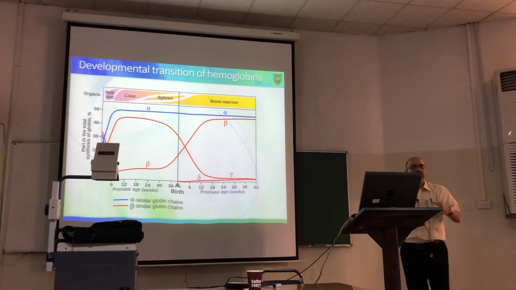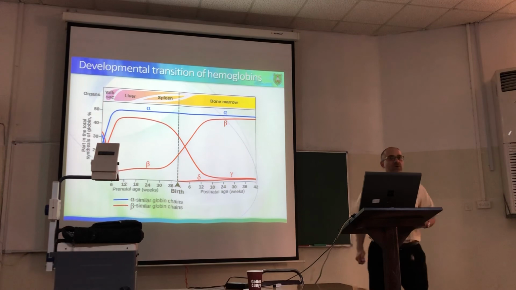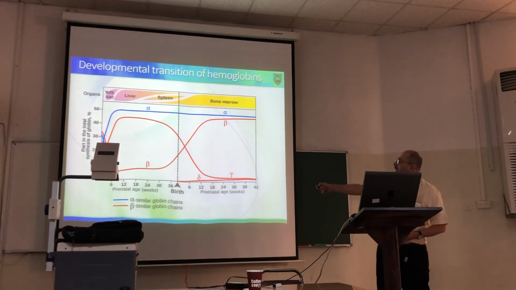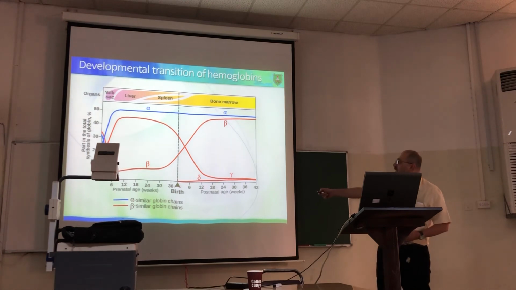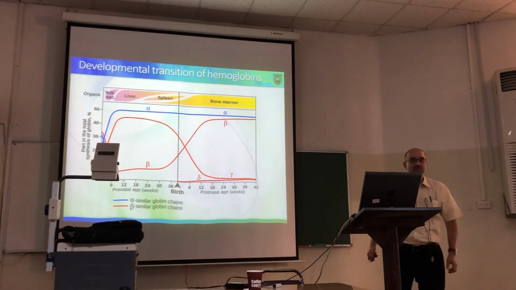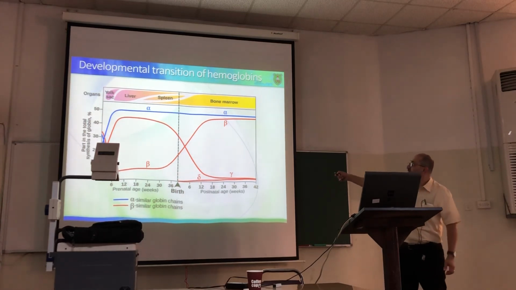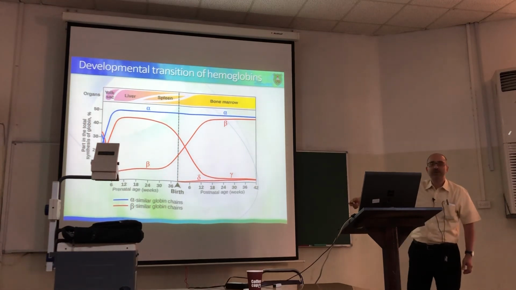So mainly, just to review quickly, in the embryonic stage, it's mainly Gower 1, which is zeta 2, epsilon 2. You do have other forms of hemoglobin molecules, like the alpha 2, epsilon 2, Gower 2. But you have other ones having zeta 2, gamma 2, and zeta 2, beta 2. In the fetal stage, it's mainly HbF, which is basically alpha 2, gamma 2.